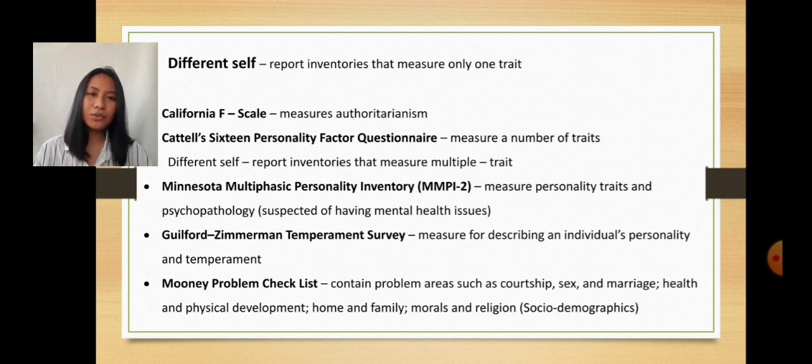We have here also the Guilford-Zimmerman Temperament Survey, which measures the description of an individual's personality and temperament. And then the Mooney Problem Checklist contains problem areas such as courtship, sex and marriage, health and physical development, home, family, morals and religion, more like social demographics.